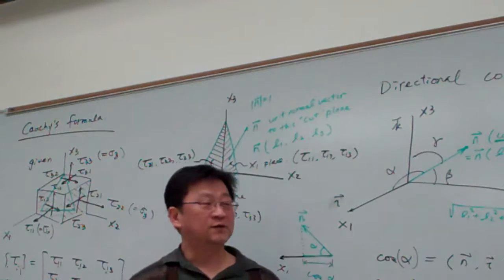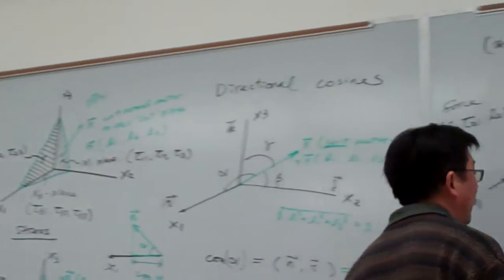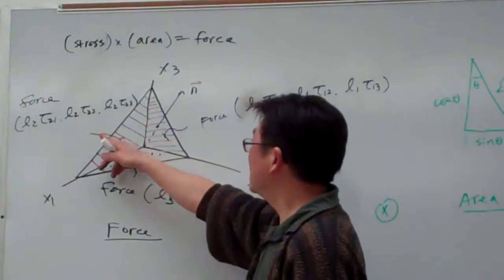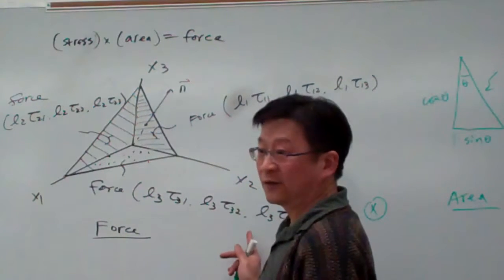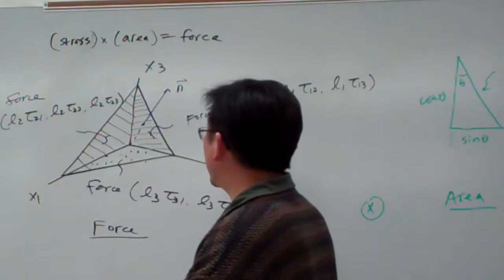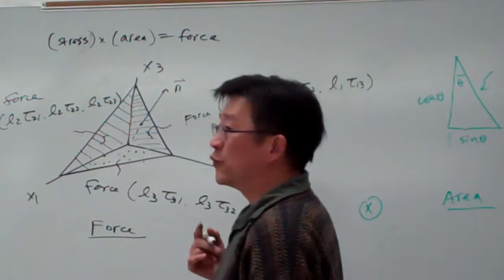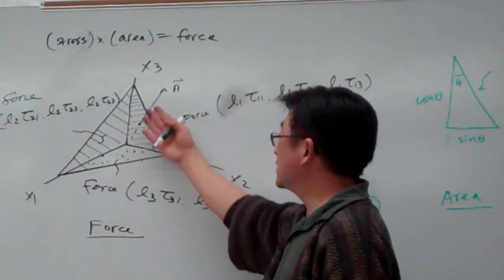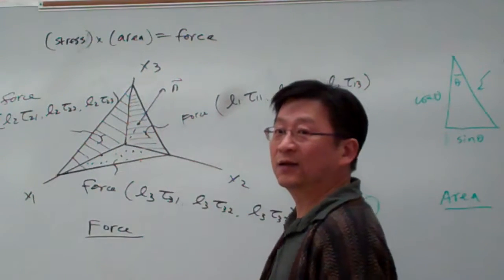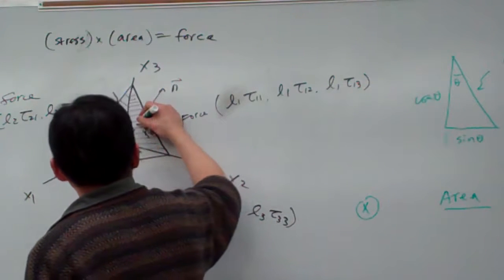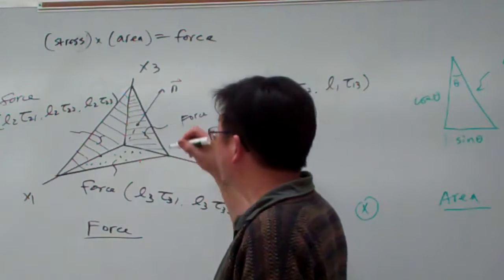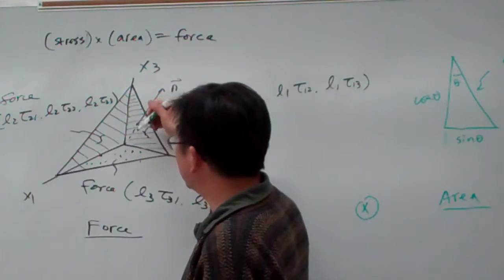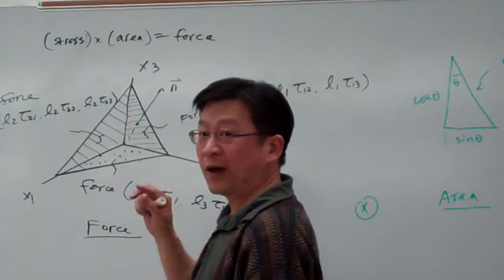The role of the reaction forces is to be in equilibrium with the given ones. Now, how do we represent the reaction force on the cut plane? Let me represent the reaction force on the inclined plane by this.